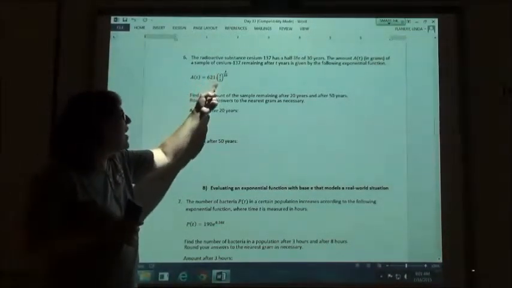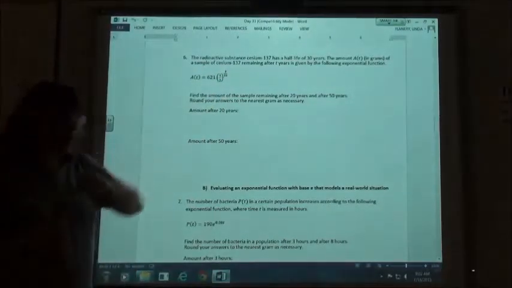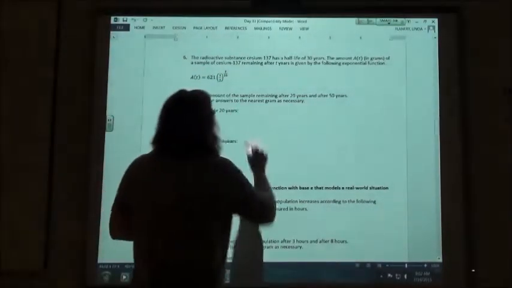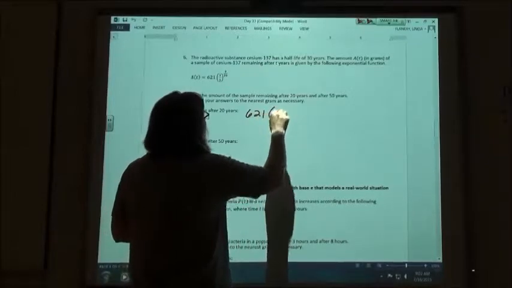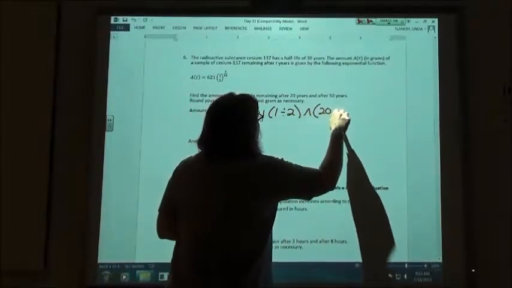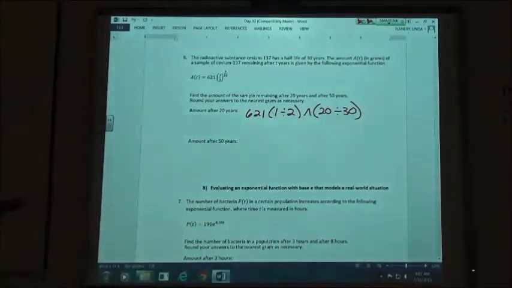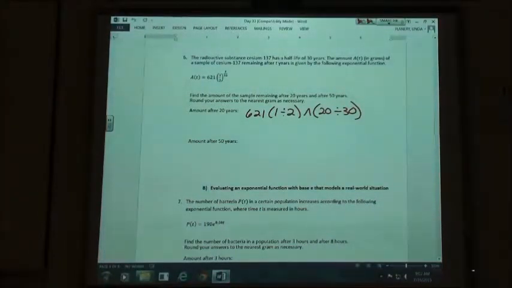It has a half-life of 30 years, and so on the first one we're going to do 20 over 30. And we are getting 391.